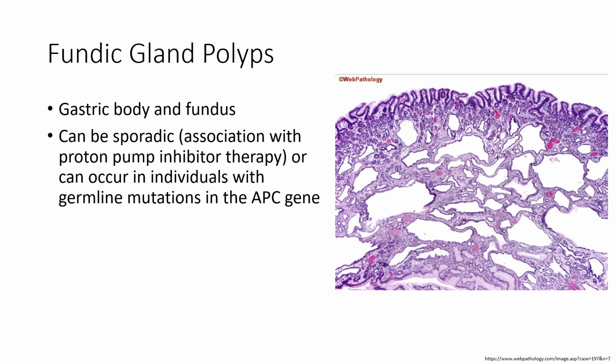Fundic gland polyps, as the name implies, occur in the gastric body and fundus. In the vast majority of cases, they are sporadic and they are associated with use of proton pump inhibitor therapy. Much less commonly, they can occur in individuals with germline mutations in the APC gene, which causes familial adenomatous polyposis. Patients with FAP have an increased risk of getting fundic gland polyps.